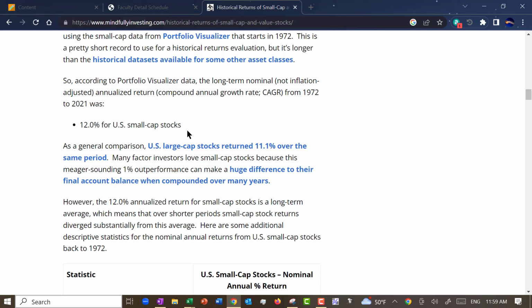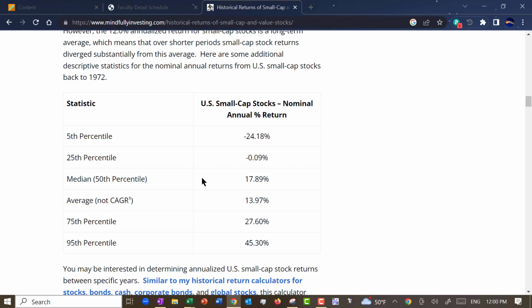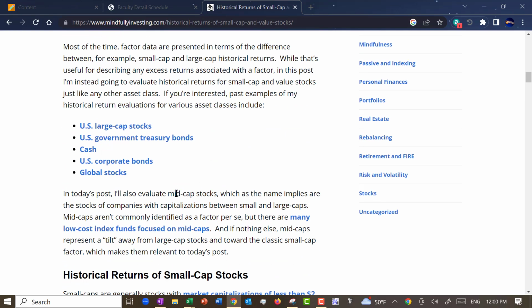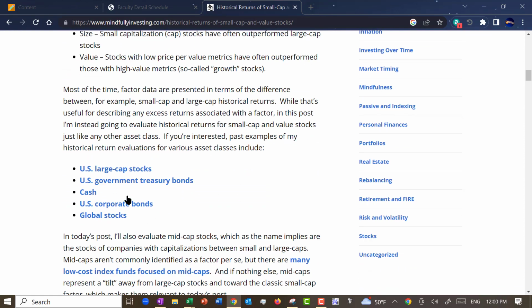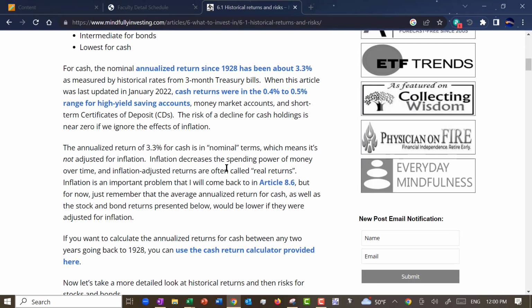That number is a little bit bigger, but let's look at the mid cap or large cap. I'm just gonna do a mix.